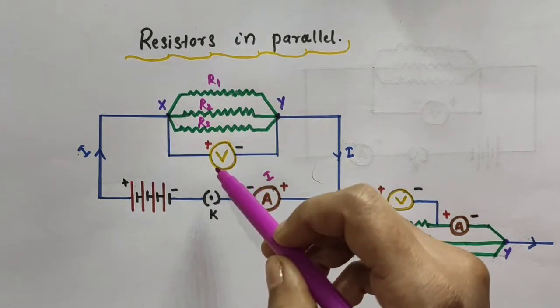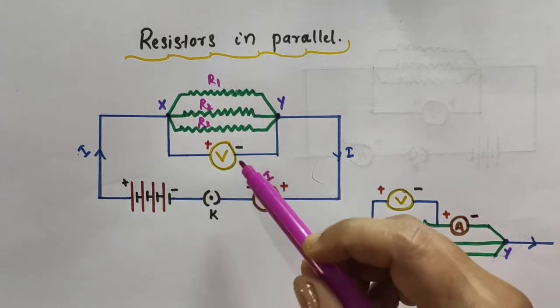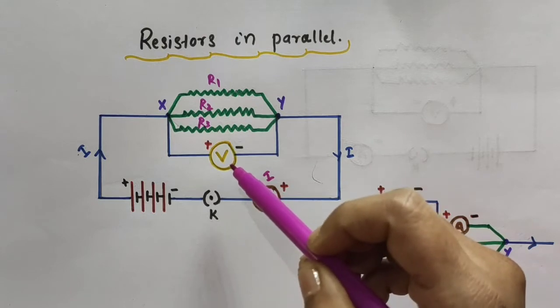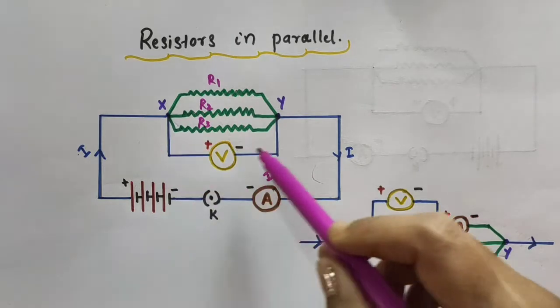Now, here we have a voltmeter, which is used to measure the potential difference across the two ends of a conductor. Here the voltmeter will give us the potential difference across X and Y, because it is connected across these two common points X and Y.